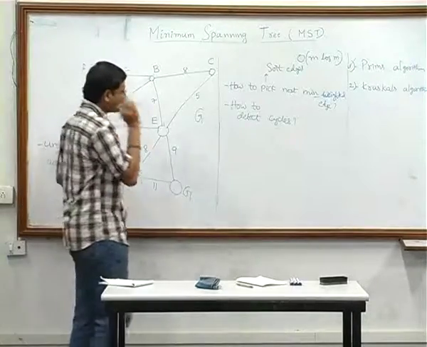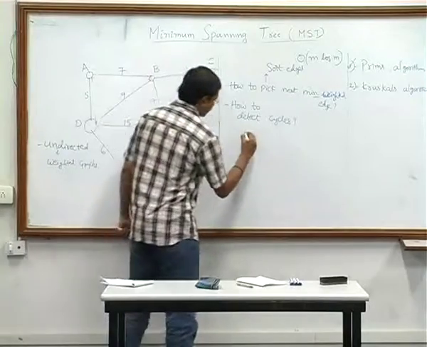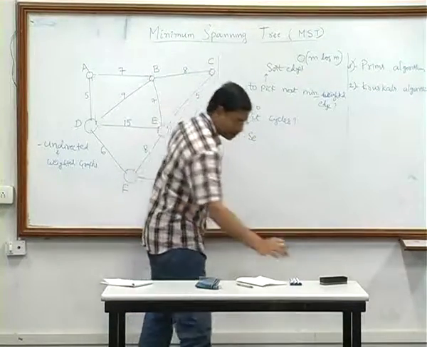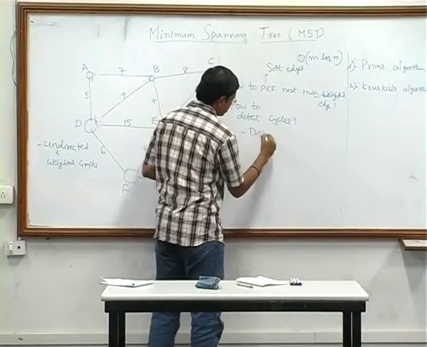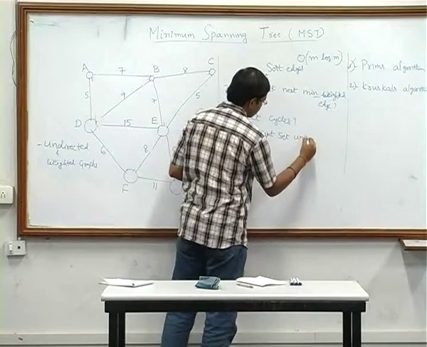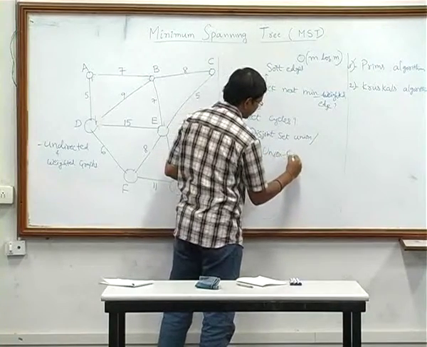So for detecting cycles, there is a standard algorithm called the disjoint set union, or some people also refer to it as the union find algorithm.